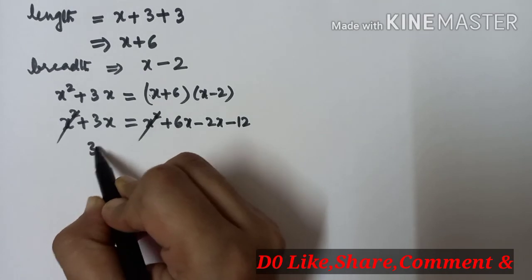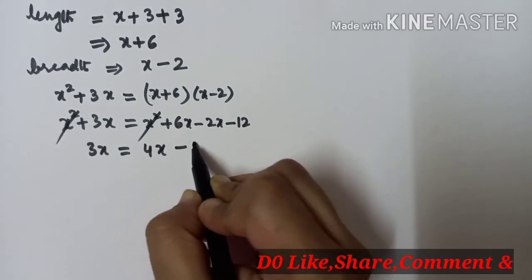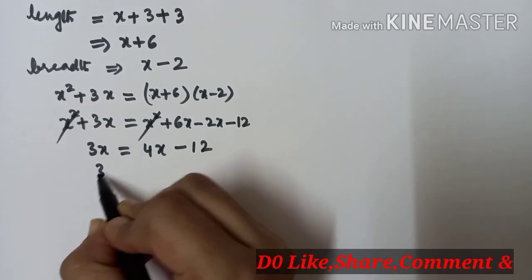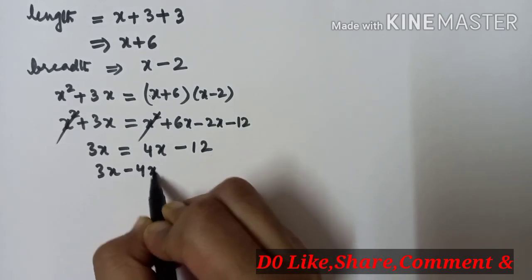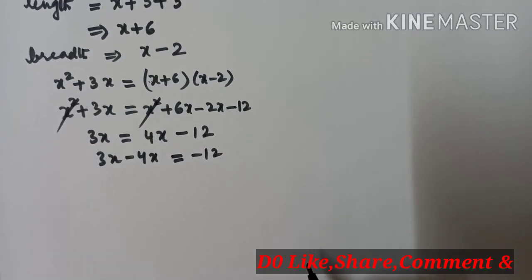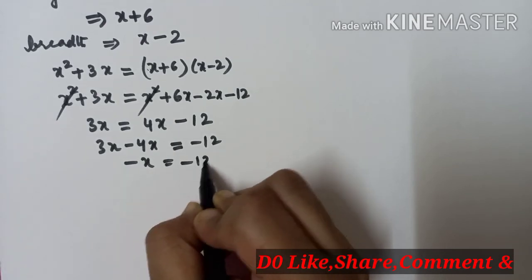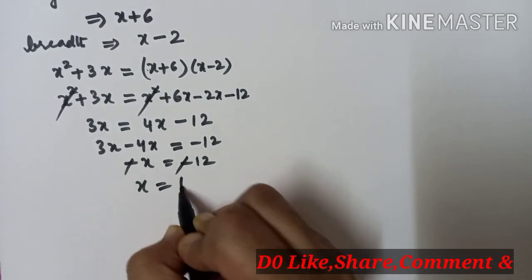Now 3x equals 6x minus 2x, which is 4x minus 12. The 4x will become minus 4x on the other side, and 3x minus 4x will be minus x equals minus 12. So x equals 12.